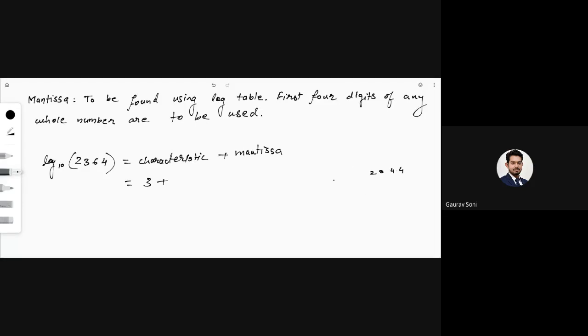Look at the row in your table where you find 23, then look at the sixth column.